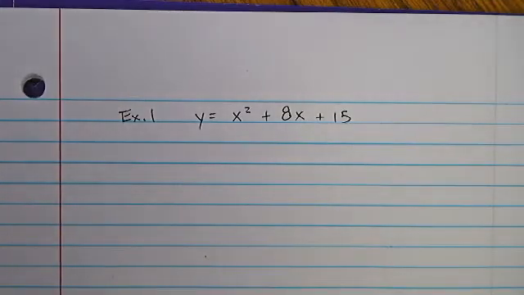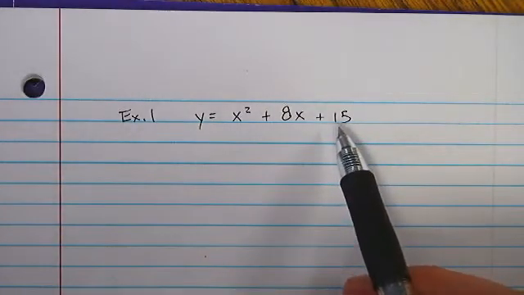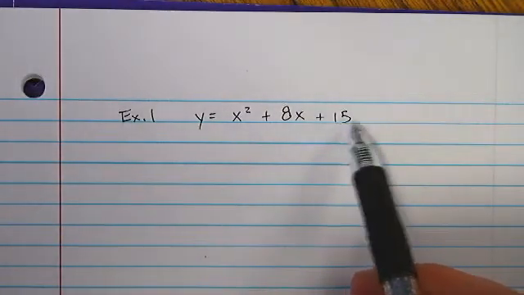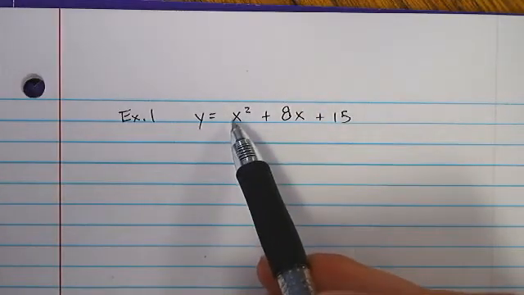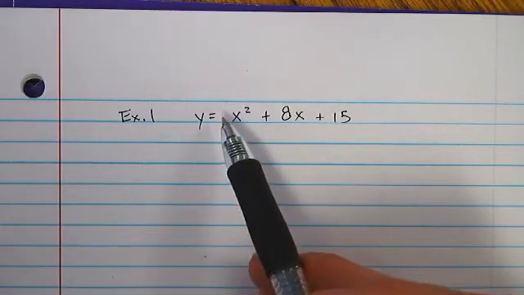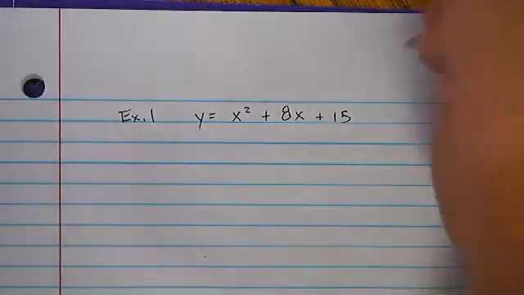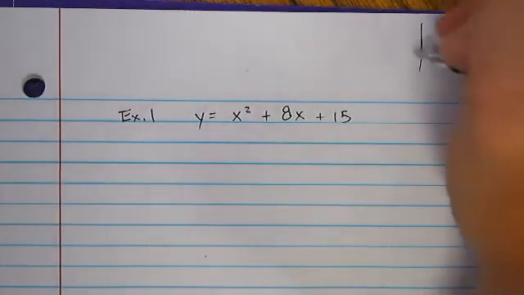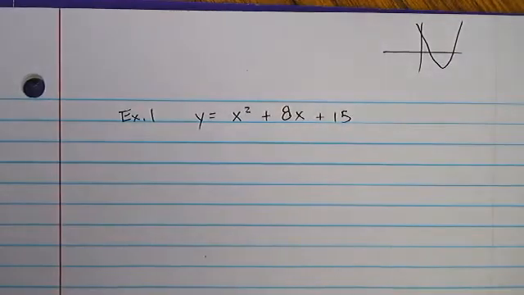Number one, I can tell you that the y-intercept is at 15, so it's way up there on the y-axis. I can also tell you that this one opens up. Just as a mental note, this is what I'm envisioning without ever having done any math, something like that.